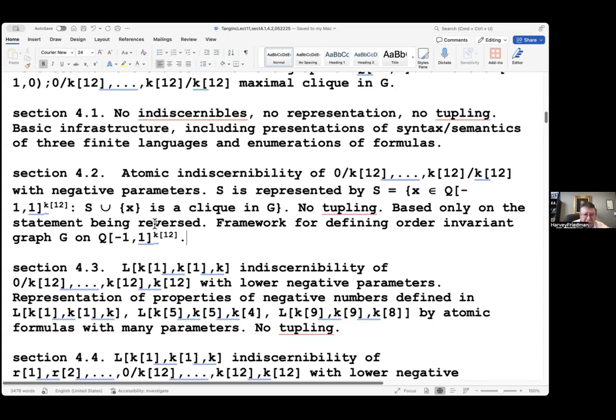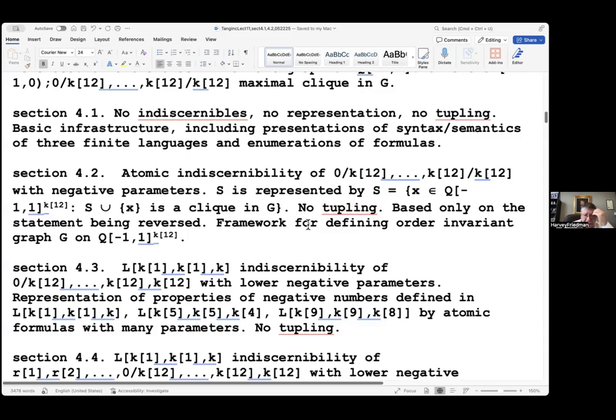Any two elements of S, I guess if S has any element, then S is a clique. Okay, so maybe I should say this. It looks like this equation actually is outright equivalent to saying that S is a maximal clique.